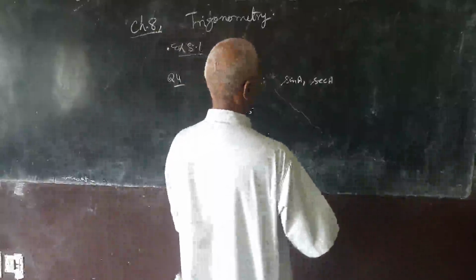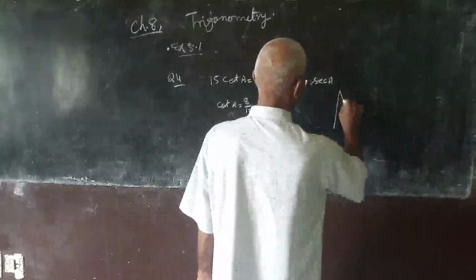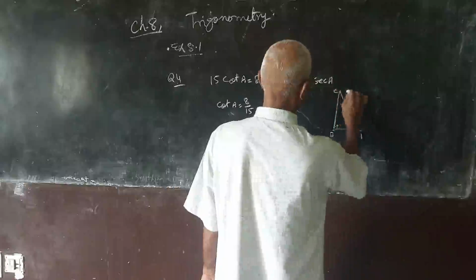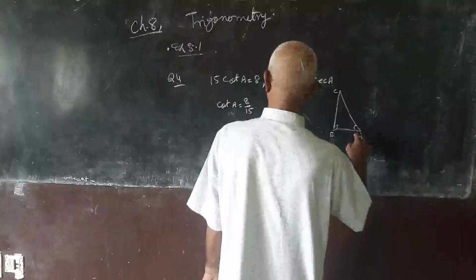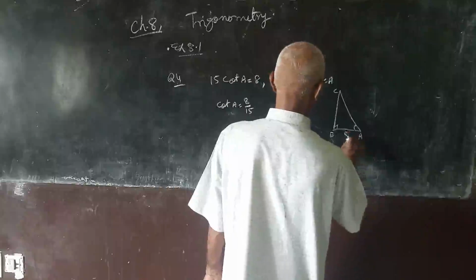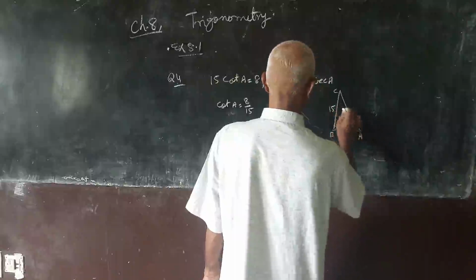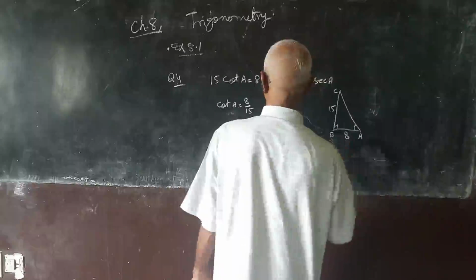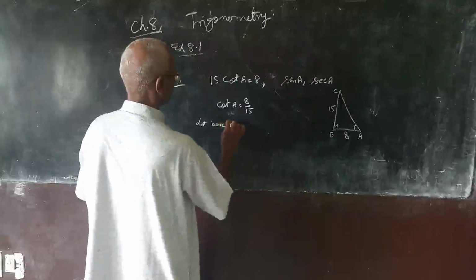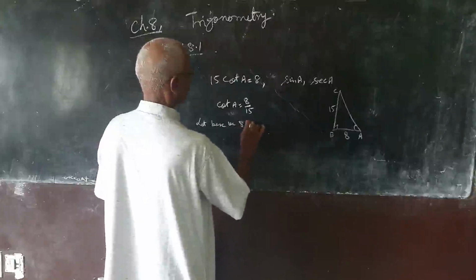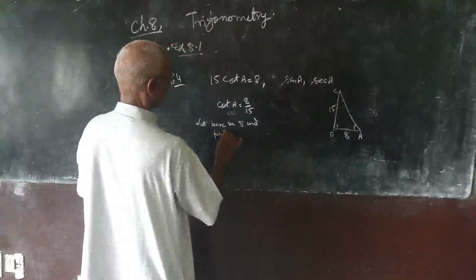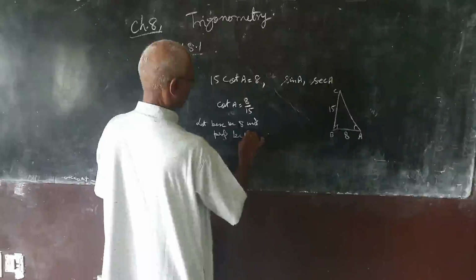Let us draw a figure of a right angle triangle. A is here, B suppose here right angle, C. This angle is A, it is cot. Cot is base upon perpendicular. So right here, let base be 8 units and perpendicular be 15 units.